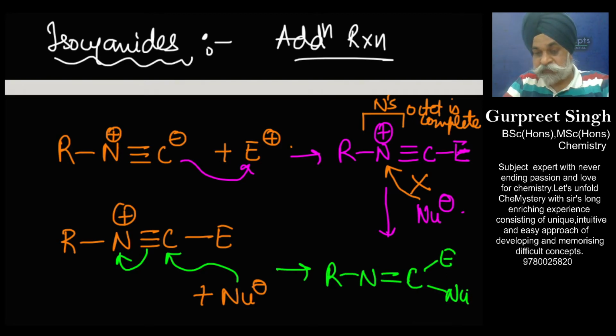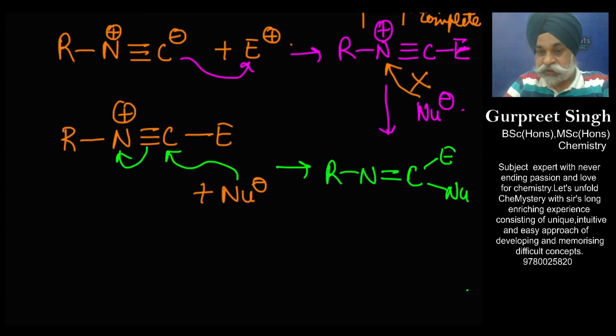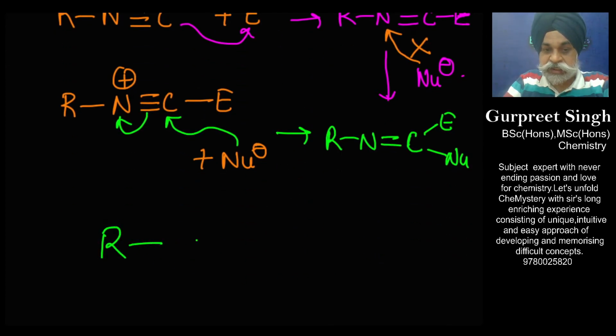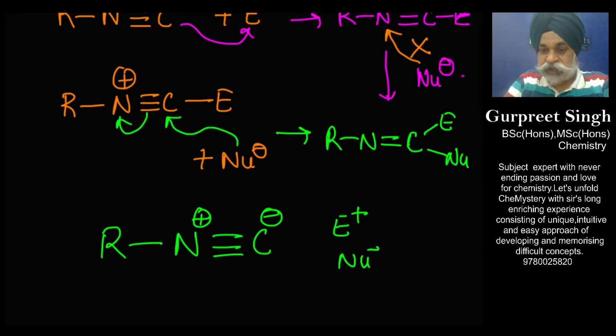This is beautiful. What I am trying to convey to you is that isocyanides are the class of compounds where electrophile and nucleophile add across the same carbon. This is very important.